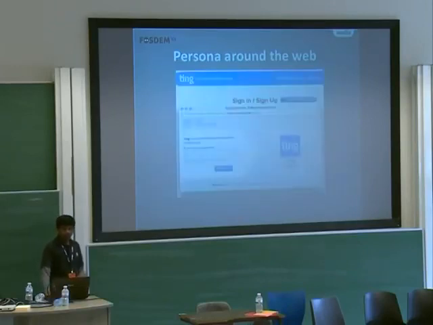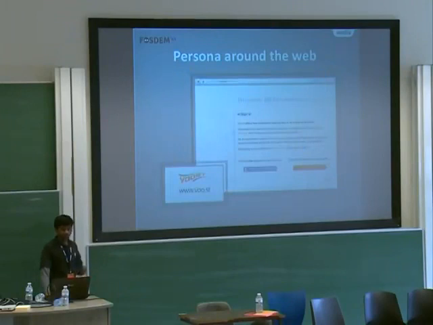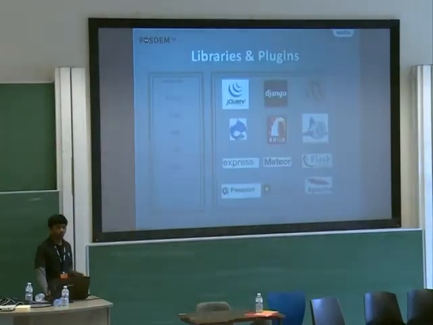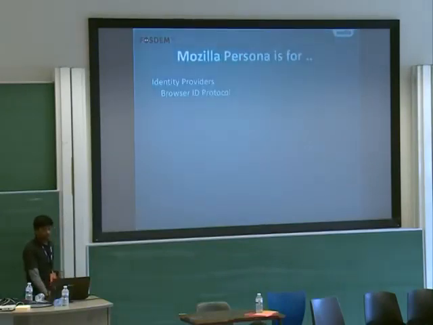These are a few websites which have implemented Persona, and it was very successful. And it's not that your website has to be HTML; if it is implemented in PHP, you can use this, and it has a lot of libraries and plugins, as I showed you.